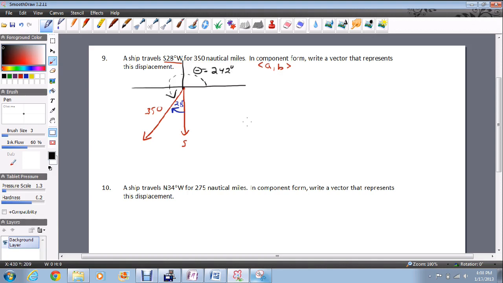Okay? So in order to figure out what A and B are, it's really simple. We take the magnitude or the size of the vector, which in this case is just 350 miles, times the cosine of the angle, but it's the angle from the positive x-axis, so be careful, do not put the 28 degrees in there, put 242 degrees in there.